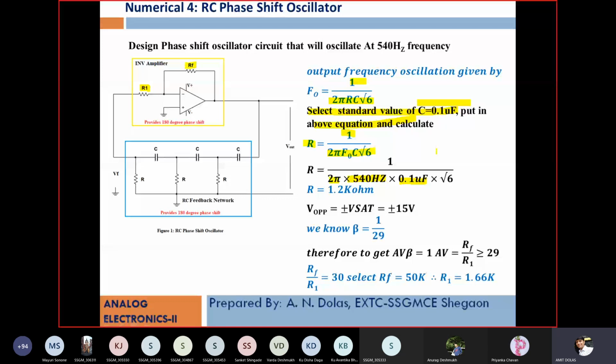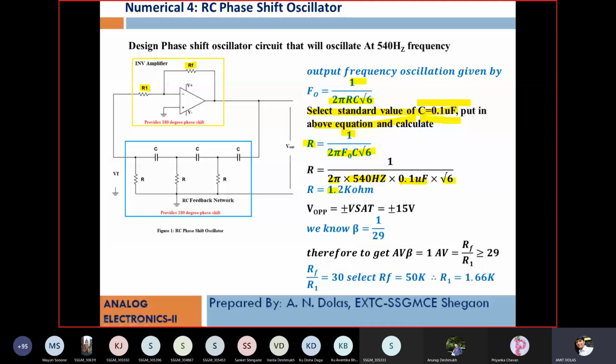We have selected a standard value of capacitance because if we get a non-standard resistance value, we may adjust it by using a potentiometer or by making a series-parallel combination, because a potentiometer is cheaper than a variable capacitance. So we use a standard fixed capacitor and later on we calculate the resistance. This is the general procedure.